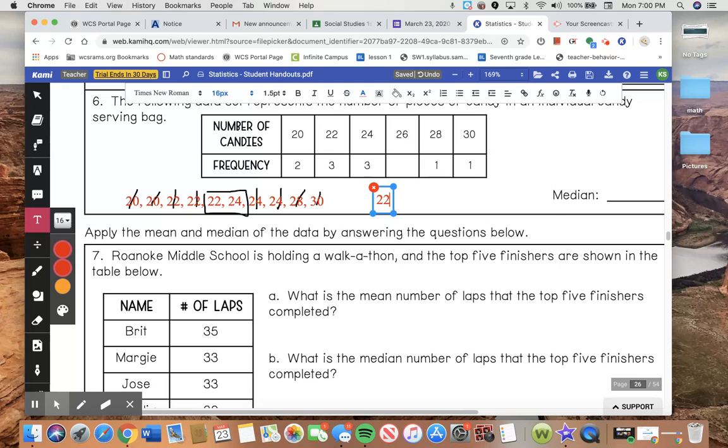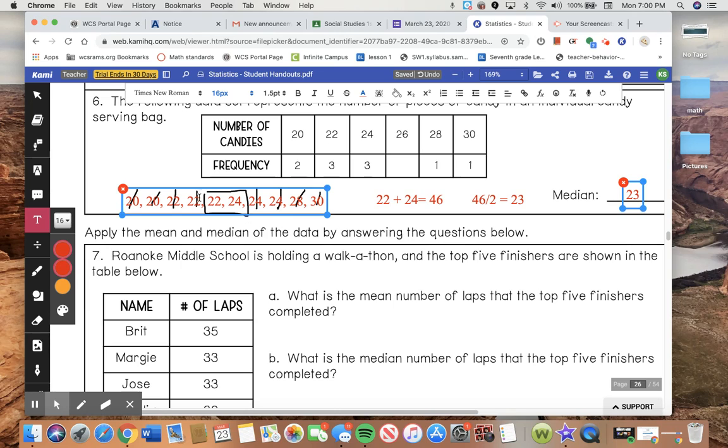So adding them up, 22 plus 24, getting that answer and dividing it by 2. So 22 plus 24 is 46. 46 divided by 2 is equal to 23. So our median is 23.